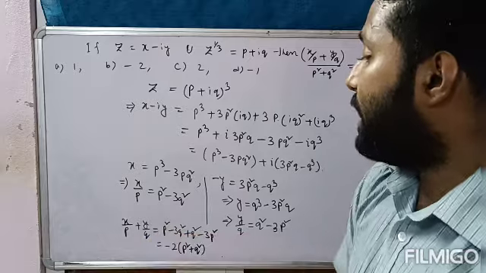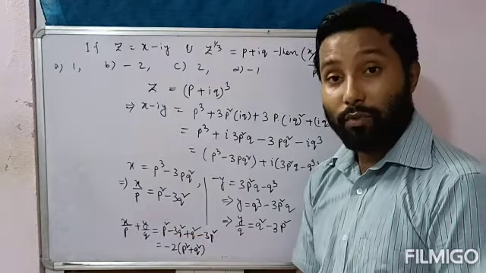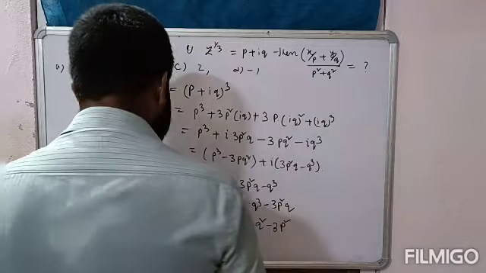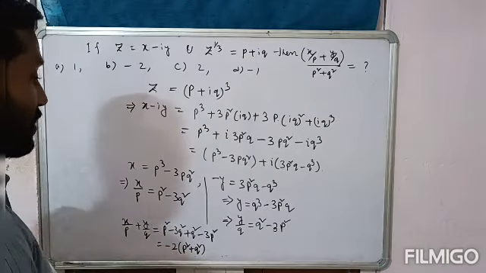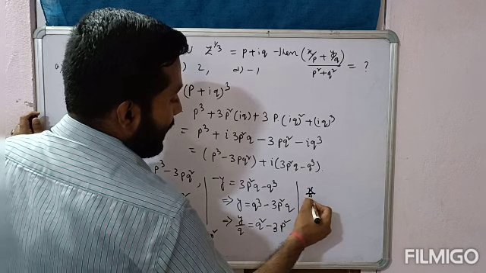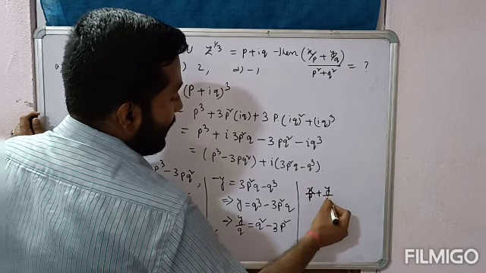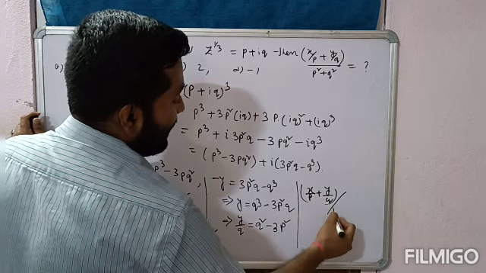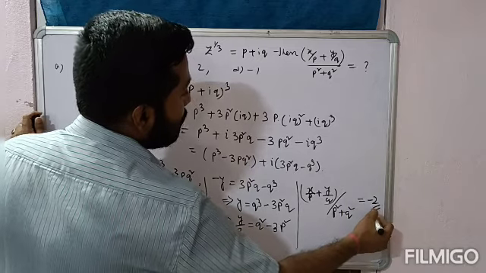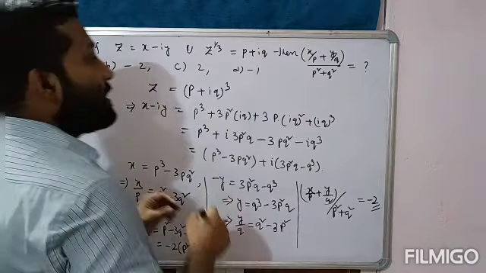So since we know the value of x by p plus y by q, which is minus 2 whole into p square plus q square, then यही p square plus q square को क्रॉस मल्टीप्लाई करके अगर हम नीचे लेके आएंगे तो x by p plus y by q whole thing divided by p square plus q square is equal to minus 2. So second option is the correct answer.